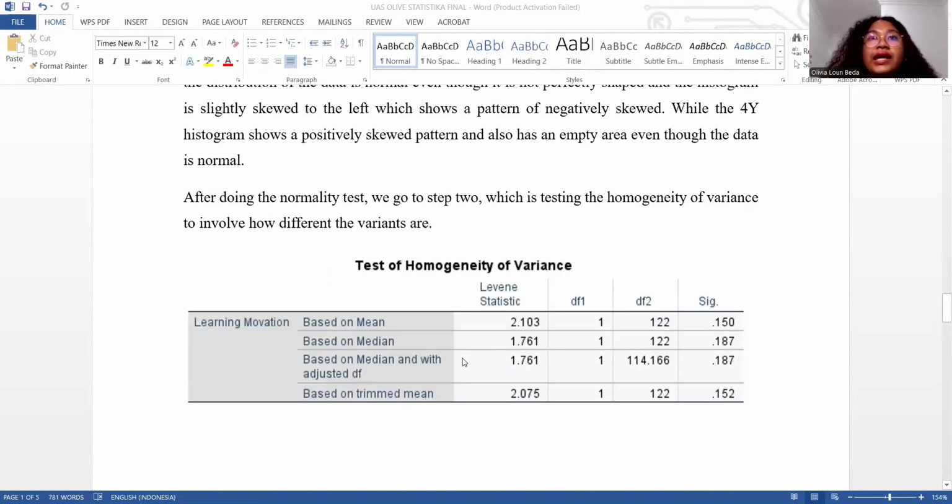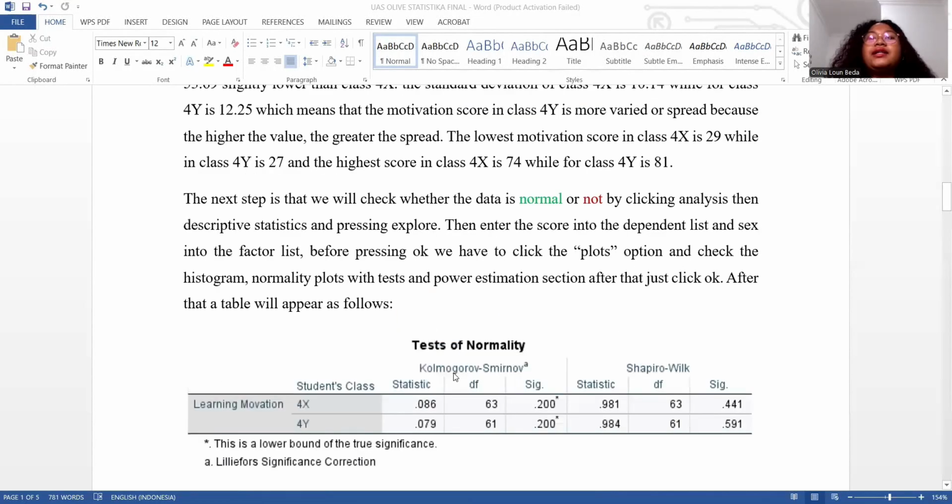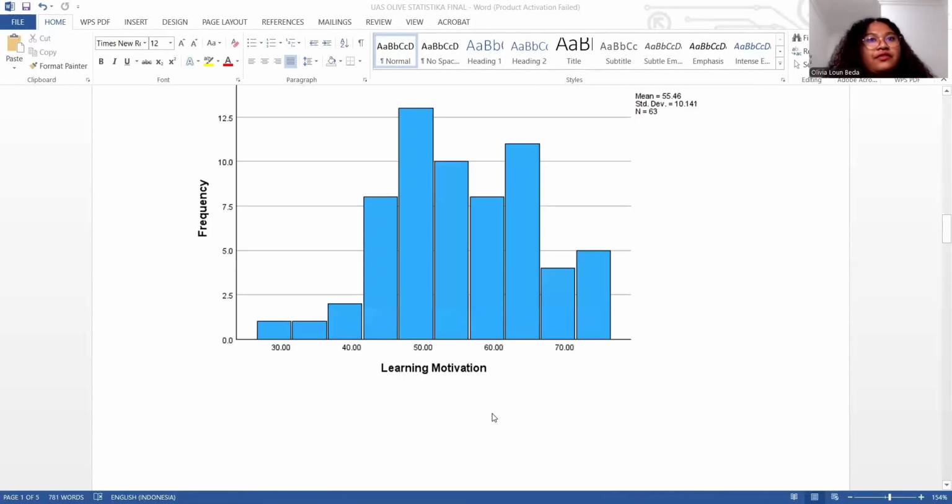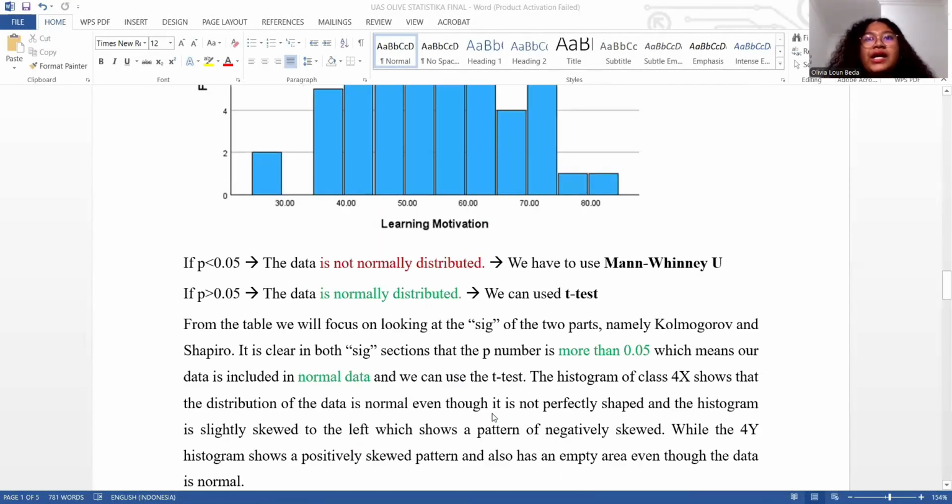If the data is not normal, you cannot use the t-test. Why? Because that is the rule. You have to use the Mann-Whitney U, so make sure you analyze your data normality table.